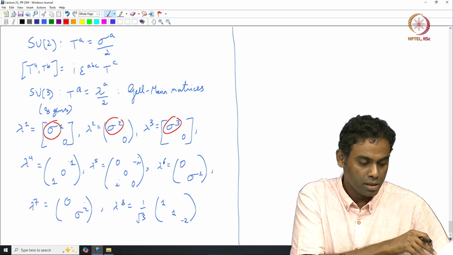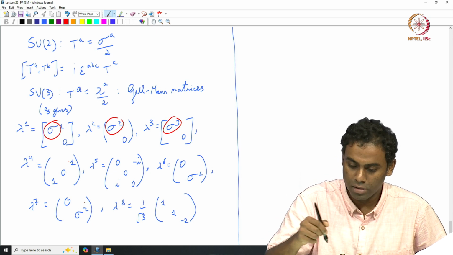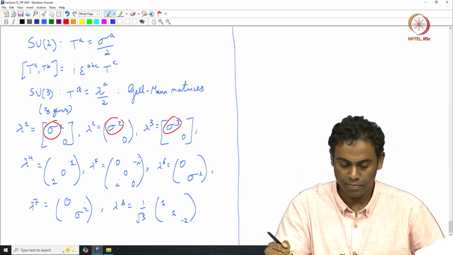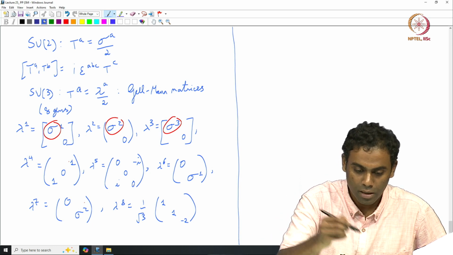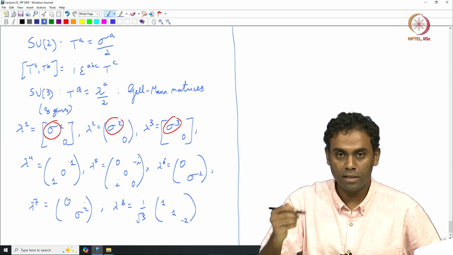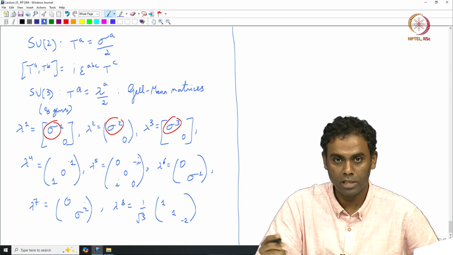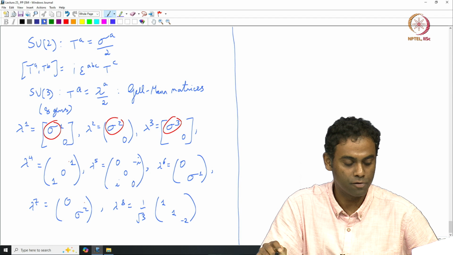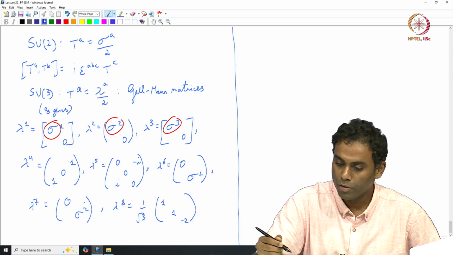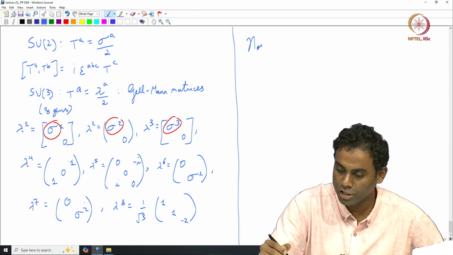Now, this was possible the way I wrote this. I could have just scaled this up by any factor I wanted, right? All these matrices could have been scaled up by some multiplicative factor. So we have to follow a normalization convention.